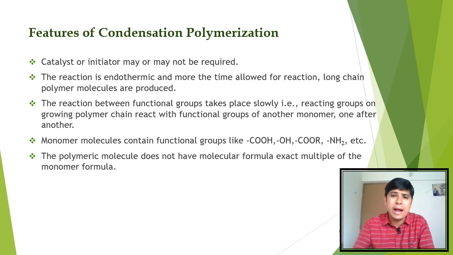But in case of adipic acid and hexamethylene diamine, when we are synthesizing nylon 6,6, that nylon 6,6 will not have a molecular formula that is an exact multiple of the monomers, hexamethylene diamine and adipic acid.